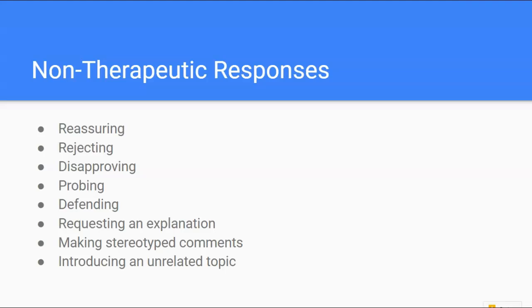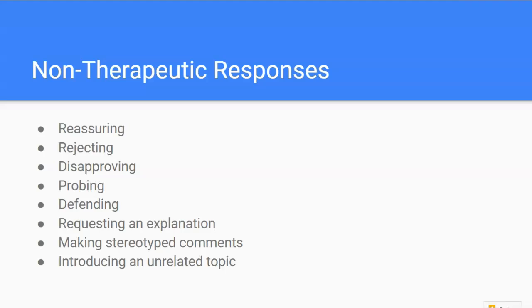Rejecting, so maybe they're worried about something and you just overlook it to hopefully make the patient forget about it. Disapproving, this is a good one with maybe a substance abuse patient, having that kind of negative feeling towards that patient, like disapproving of their actions.